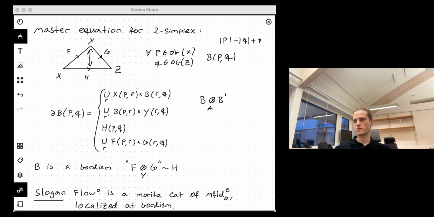And this also works for categories. You can define Morita categories where the objects are categories and the morphisms are bimodules between categories. But to define composition, you have to be able to define this relative tensor product. And to define the relative tensor product, you need to have colimits.